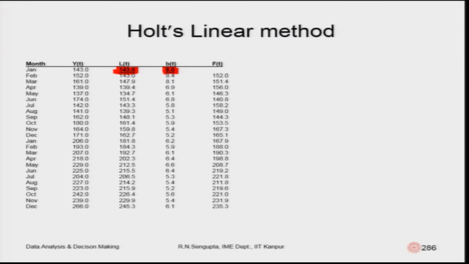The concepts are exactly the same, only I am giving a different set of data to highlight the important points. And then the FT values, the forecasted values, are given in the last column. The difference of YT and FT gives me the errors, square them up, find the sum of the squared errors, minimize with respect to alpha and beta, and your problem is solved.